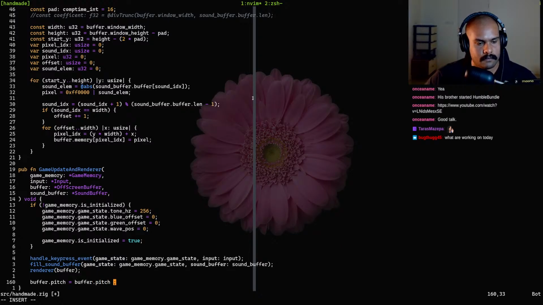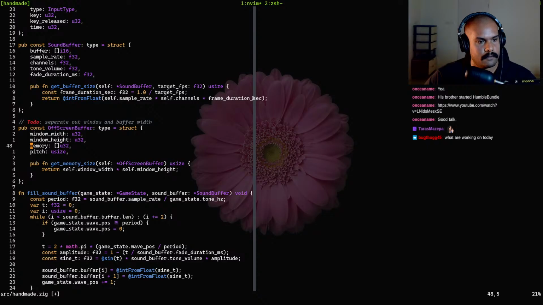Pitch plus 1 mod buffer. Zip mem. Oh, wait. Yeah.